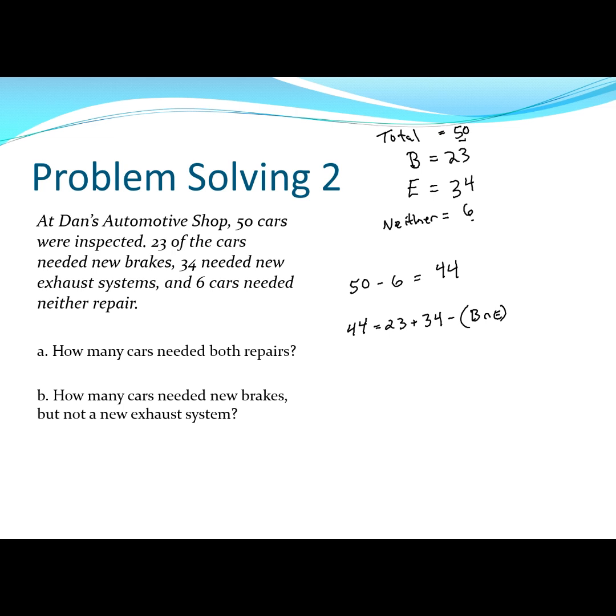So we just need to figure this out using algebra. 57 minus BE, and that gives us, let's see, 13. Is that right? 13, 7, 6, yeah, 13. All right, so 13 cars needed both repairs.